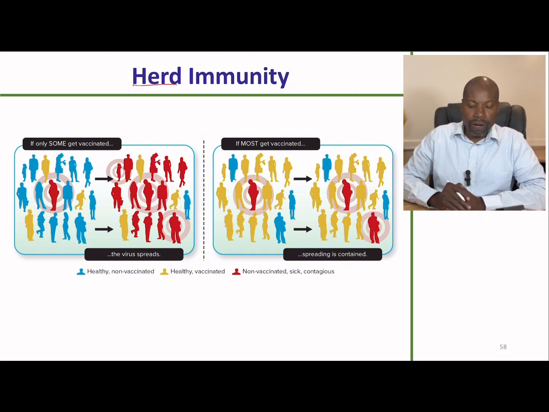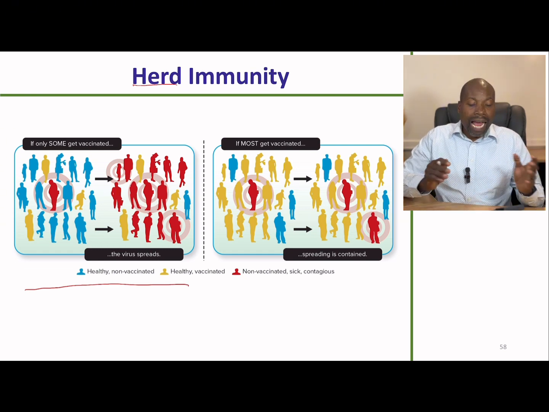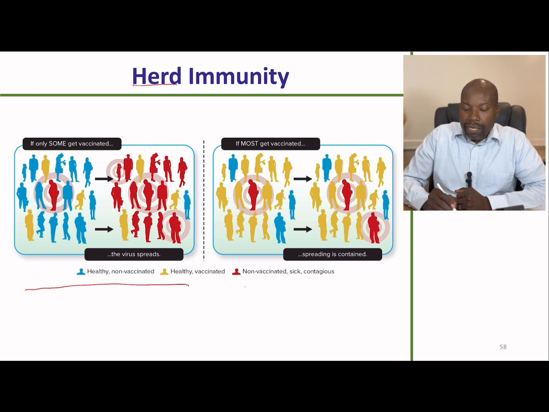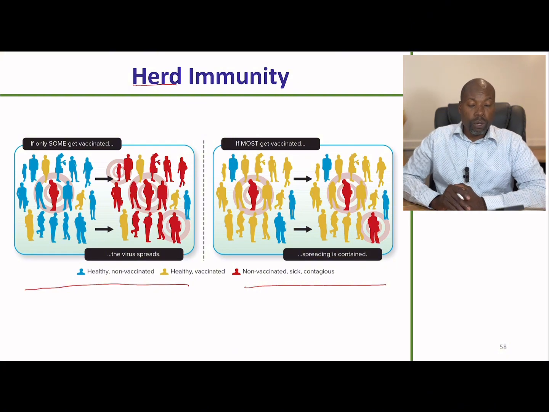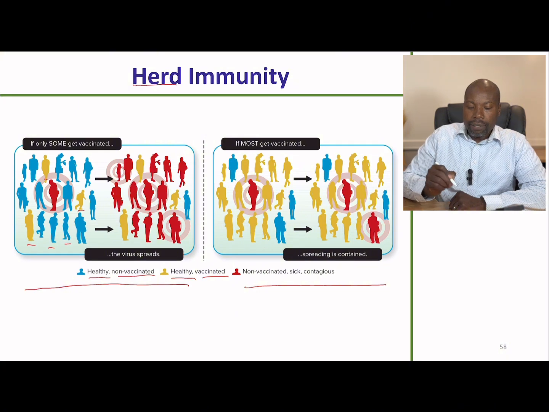Now, we have two scenarios here. We have a scenario where we don't have enough people in the population who are vaccinated, and here we have enough people in the population who are vaccinated. So now, healthy non-vaccinated people are here in blue. We have healthy vaccinated people who are in yellow here, and non-vaccinated sick individuals who are in red.